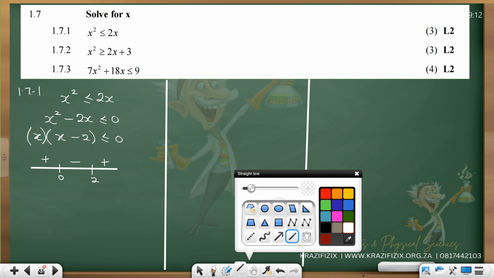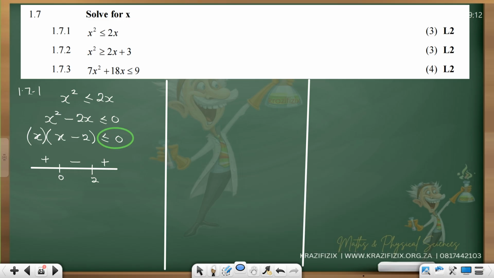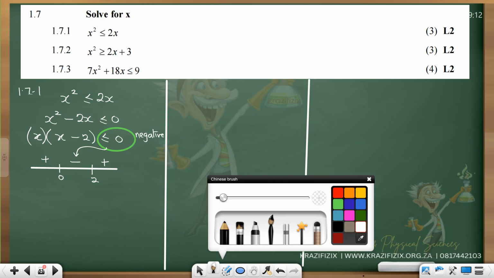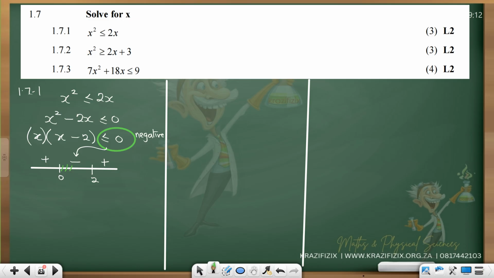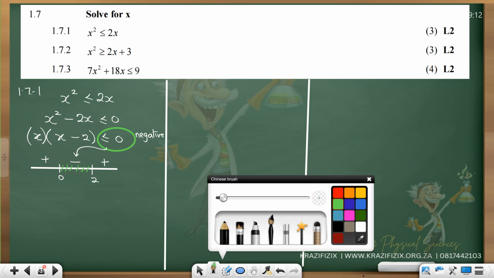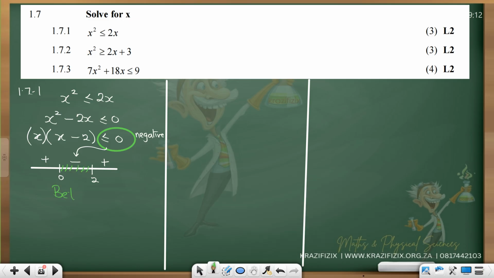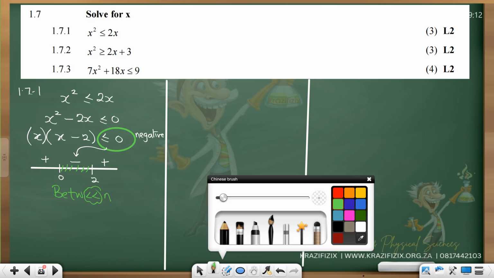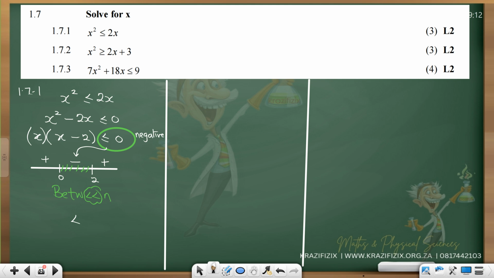Question, what are we looking for? We are looking for things that are less than or equal to 0. And when we say less than 0, negative. Oh, it's right here. It's in between. Do you see? My answer lies between. And I told you it's my inequality. So what should I write?